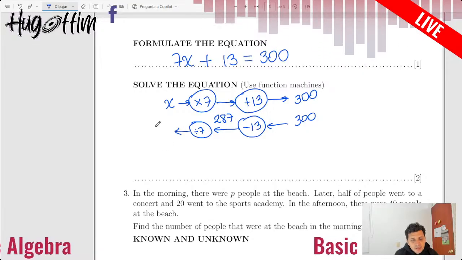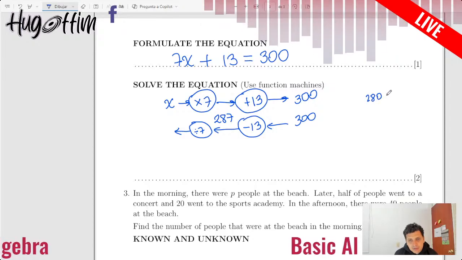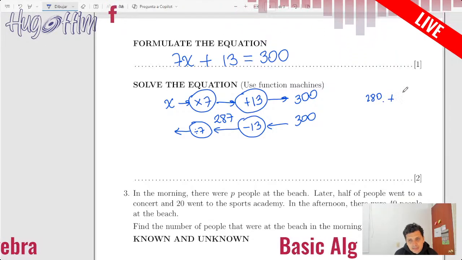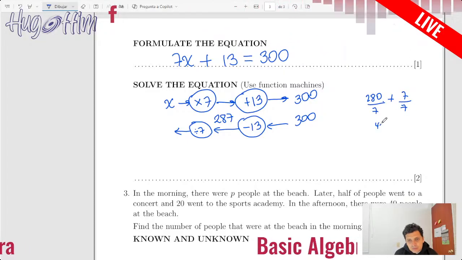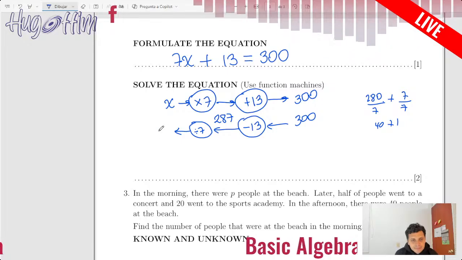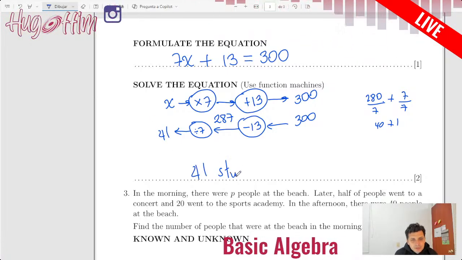This is going to be 41, okay? 287 is the same as 280 plus 7, right? So if I divide by 7, this is going to be 40 plus 1, 41. So I can put 41 students per bus.